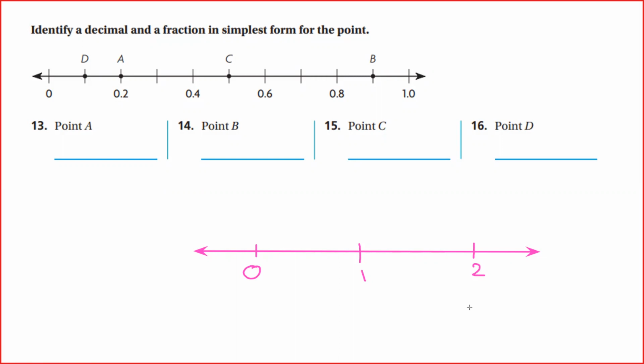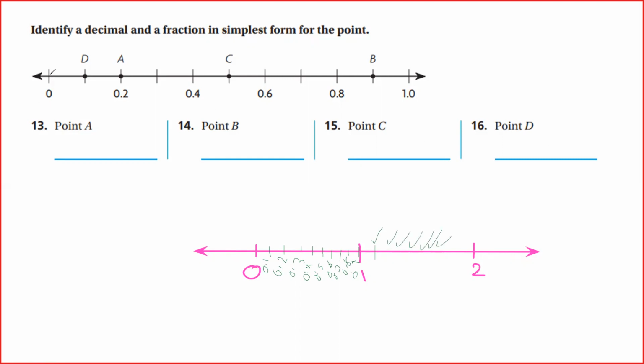We call them negative numbers. Now, between 0 and 1, we have decimals. Between 1 and 2, we have decimals. So here we have 0.1, 0.2, 0.3, 0.4, 0.5, 0.6, 0.7, 0.8, 0.9, 1. Then I will repeat 0.1, 0.2, 0.3, 0.4, 0.5, 0.6, and so on.